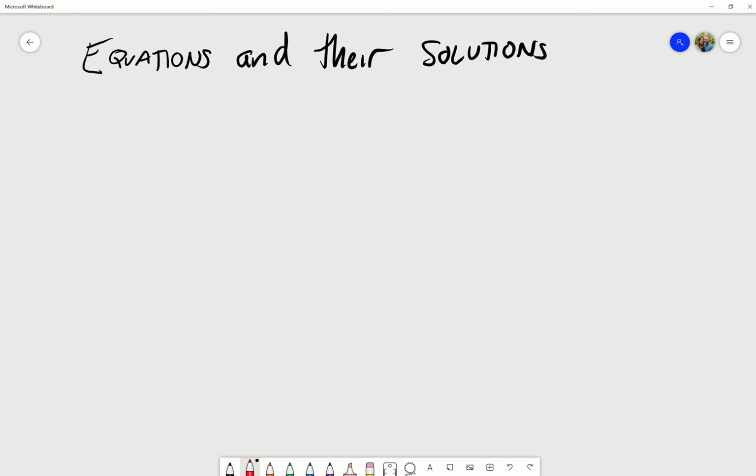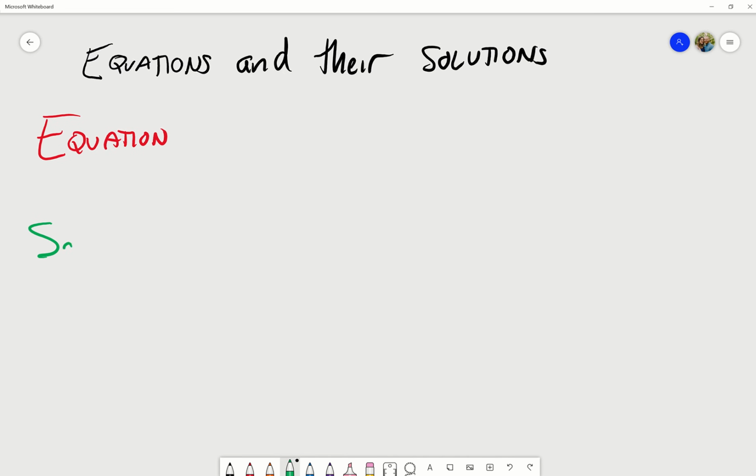Equations and their solutions. And we have two vocabulary words today. One is equation, and the other is simple enough, but solution. So we have equation and solution.